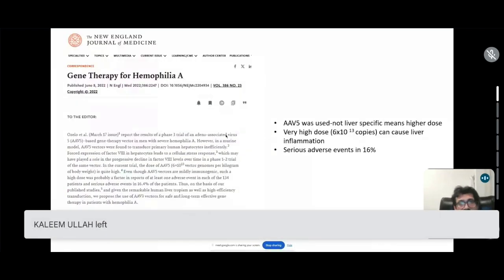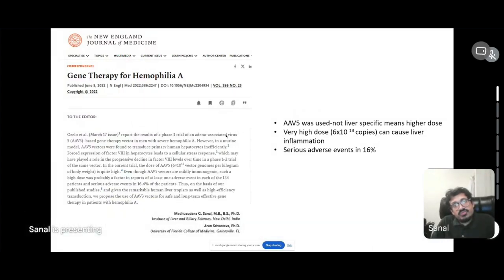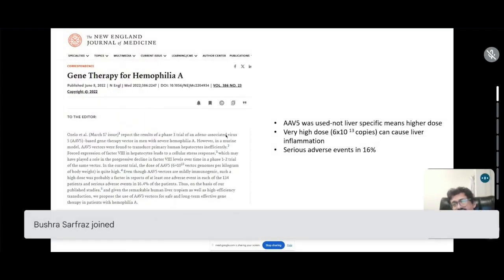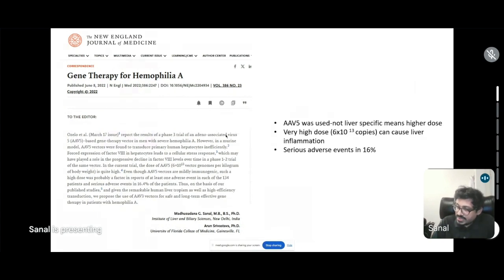However, there were some problems. AAV5 was used, which is not very liver specific. So as I was telling you, certain virus serotypes have a higher affinity for certain organs. For example, AAV3 has a huge affinity for liver.